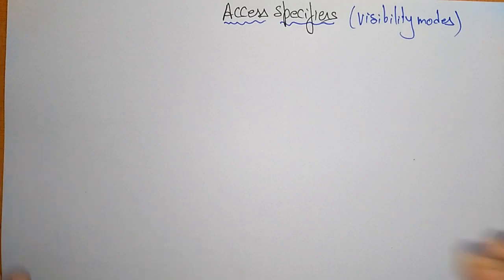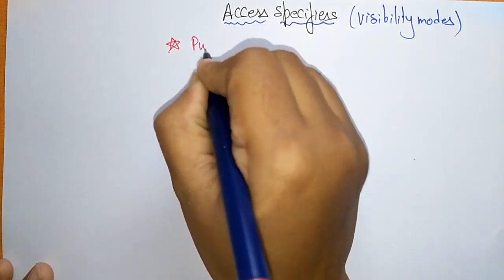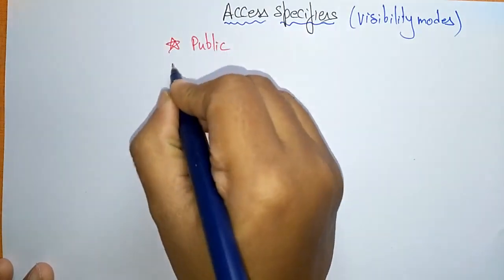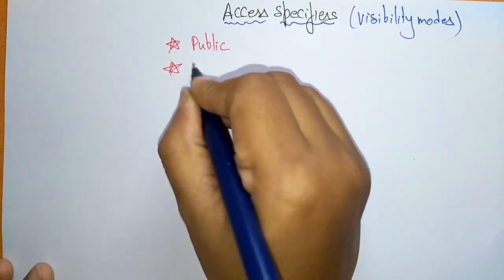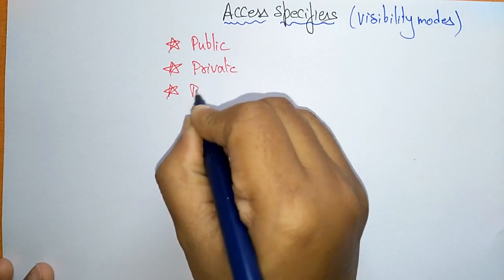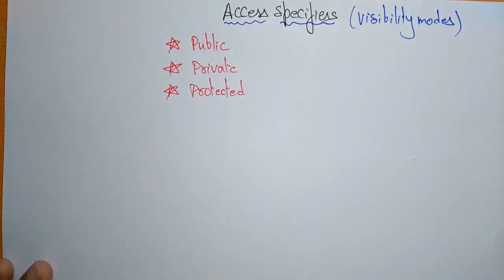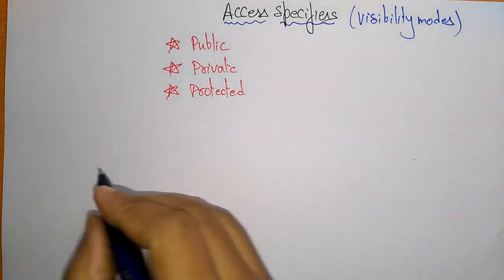There are three types of access specifiers: public mode, private mode, and protected. These are the three different visibility modes you use when writing classes. Let us see the first one.